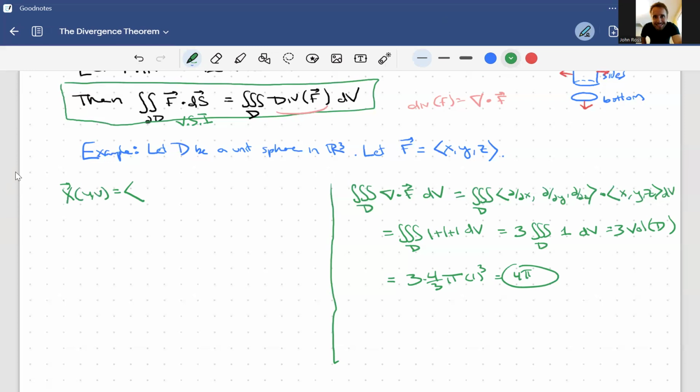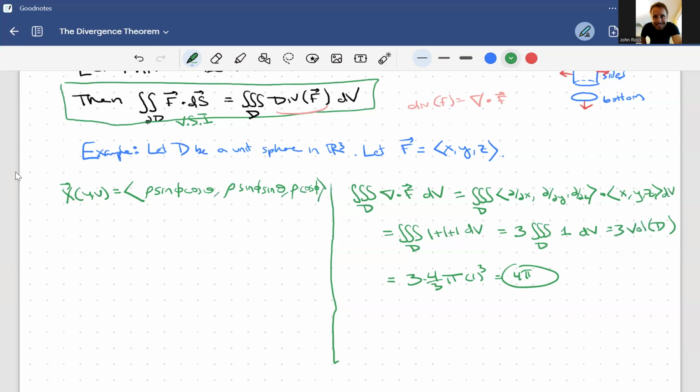I'll write out the full formula first, and then we'll fix it. This is usually rho sine phi cos theta, rho sine phi sine theta, rho cos phi.